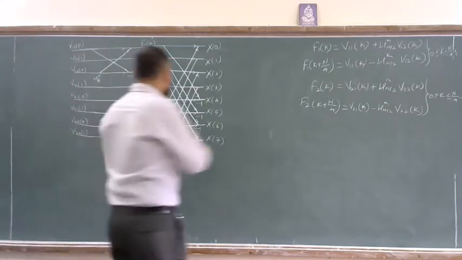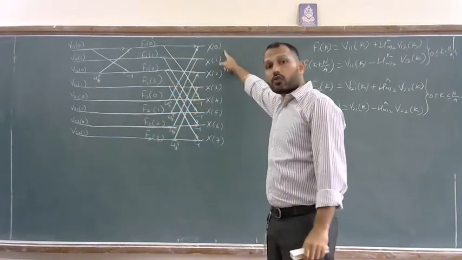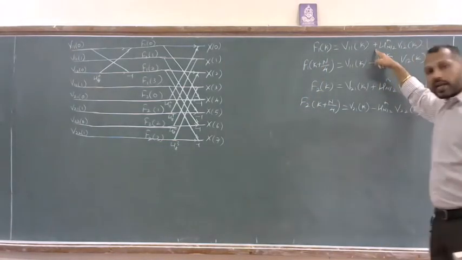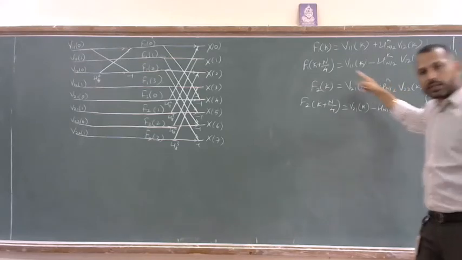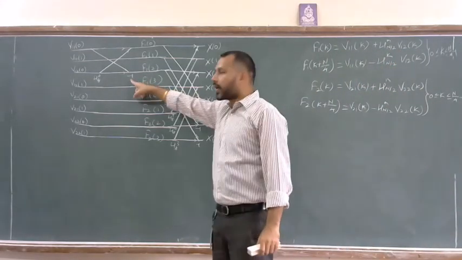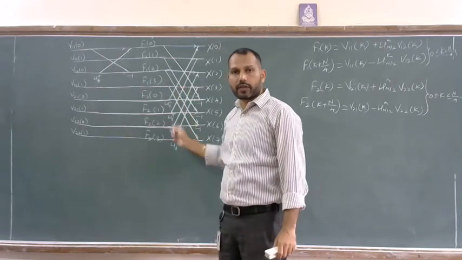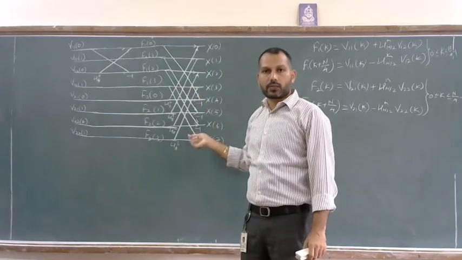If I include minus 1 towards the left side, then the first equation will also become subtraction. But the first equation has to remain addition, and the second equation has to be subtraction. That subtraction is included by multiplying minus 1 on the right side. If we include it on the left side, then both the equations will become minus 1. Okay?